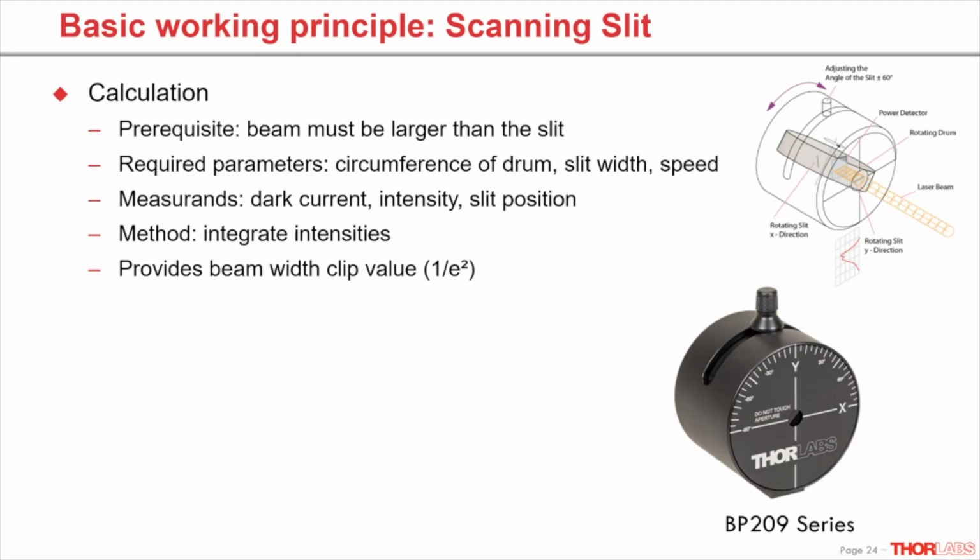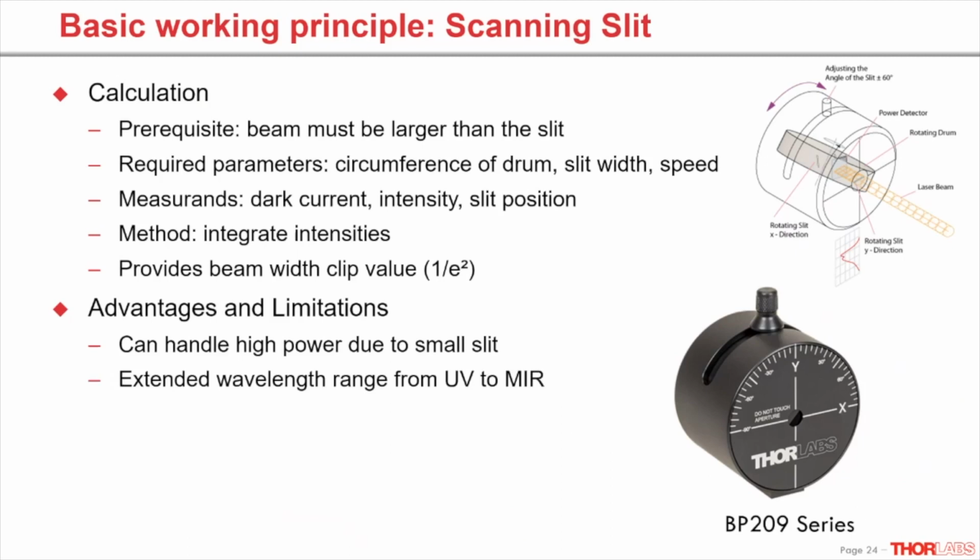Once the beam profile is taken, the beam clip value will be calculated and displayed. The advantage of slit beam profilers is that they can deal with fairly high power levels, because the majority of the light is blocked from the photodiode by the small slits.